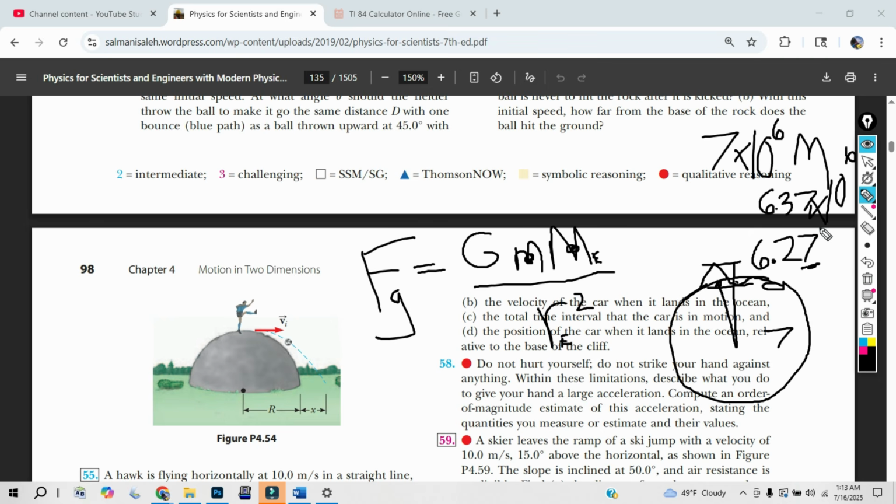Oh, I apologize. I'm not rounding this to 7 times 10 to the 6. I'm rounding this 6 up to 10. I could say this is 10 times 10 to the 6, which is, sorry about that, 1 times 10 to the 7. So I could say 6 million meters, or it's 10 million meters.